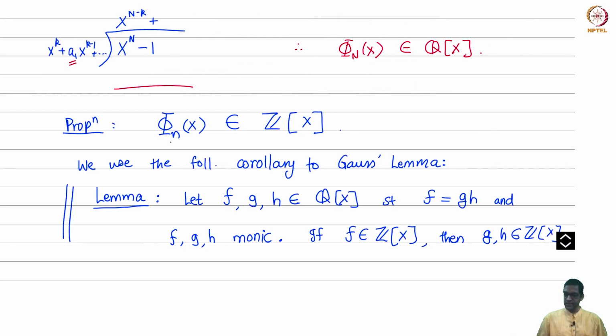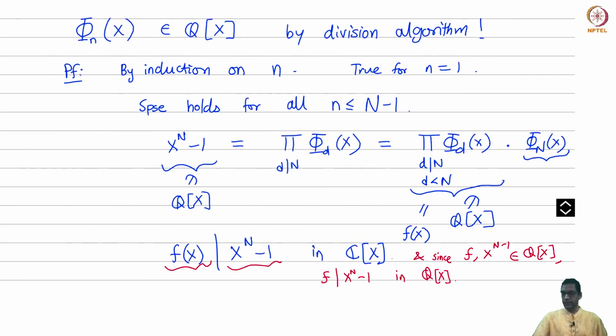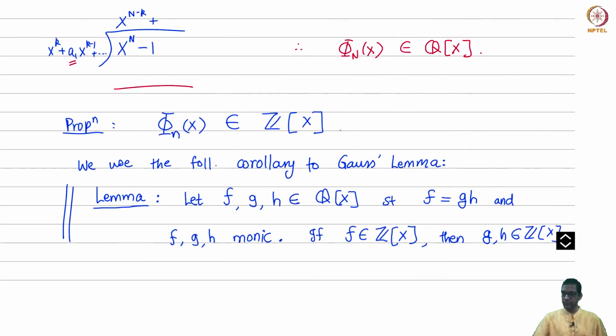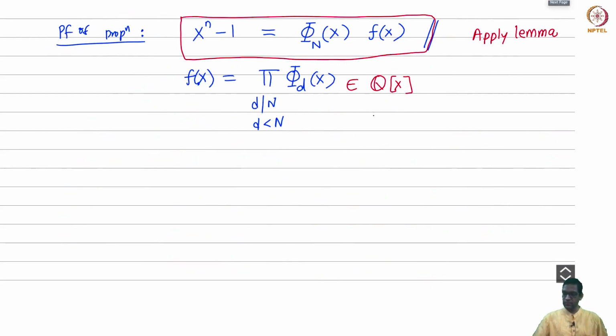The lemma says that if I can write f as g times h where all three are monic, and that's exactly what I can do here. So I already know x to the n minus 1 is monic, phi n is monic, f of x is monic. The fact that it is monic is just from the definition.